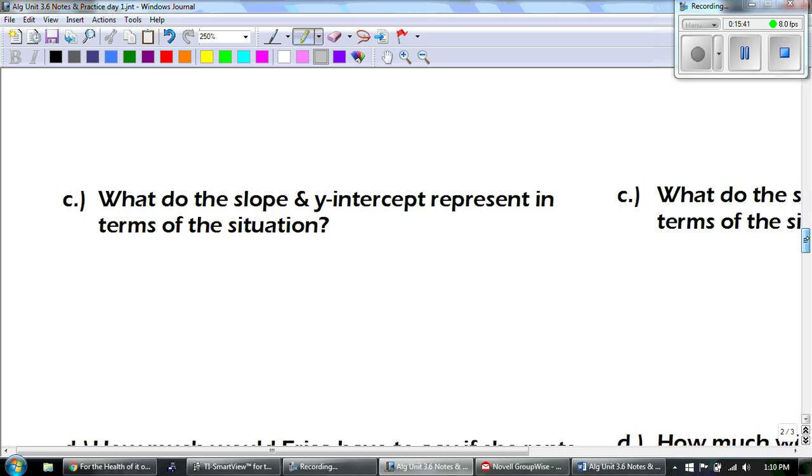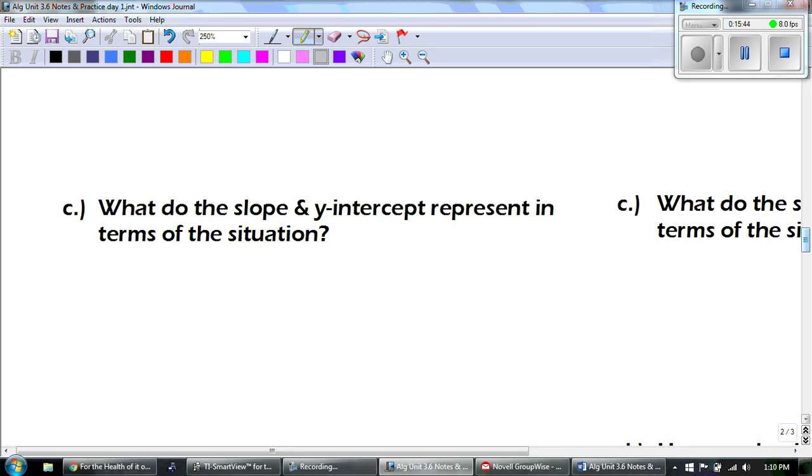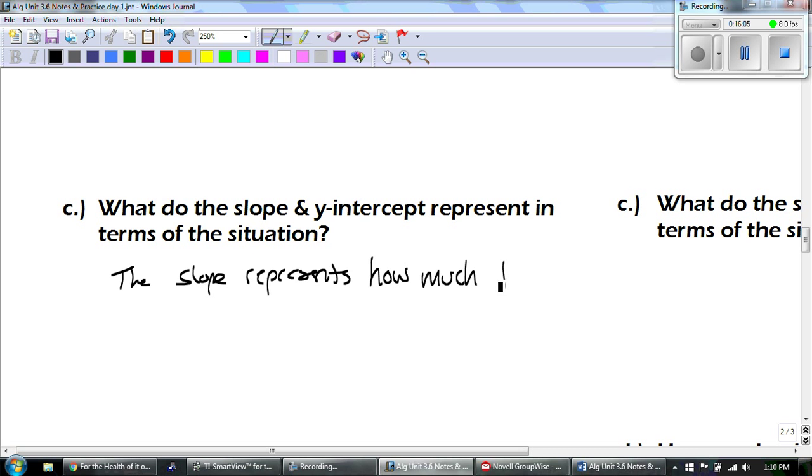What do the slope and y-intercept represent? Well, what's the slope? The slope is 0.12 and it's 0.12 per mile. So the slope represents how much the rental car company charges per mile you drive on the car, okay?